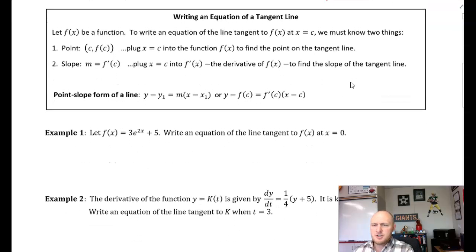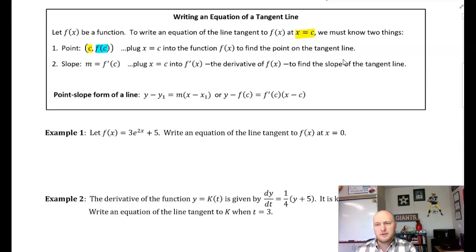So alright, here is just a recap on how to write the equation of a tangent line. So let f of x be a function. Now in order to write the equation of a tangent line to the function at x equals c, we must know two things. What's the point? Well, I'm going to take that x value. Sometimes you have to plug it into f of x and see what that y value is.